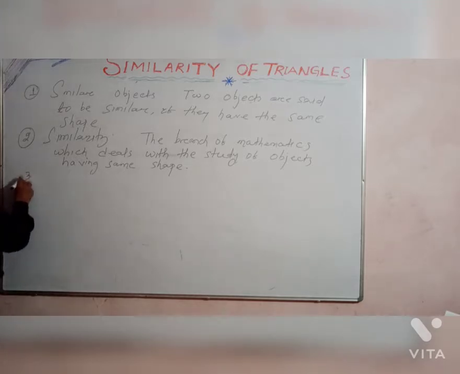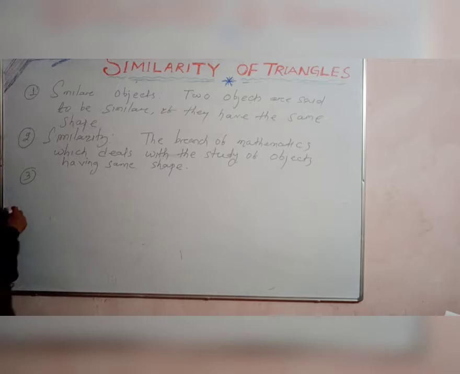When two objects are said to be similar, the ratio of their corresponding parts is always equal. This is one of the important points.